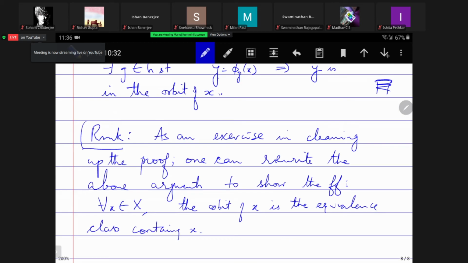And this proves that all equivalence classes are orbits. I mean, the set of orbits is exactly the set of equivalence classes. Given any equivalence class, it must be the equivalence class of some x, and therefore it is the orbit of x. Conversely, given an orbit, it must be the orbit of some little x, and therefore it is the equivalence class. So this will prove that.